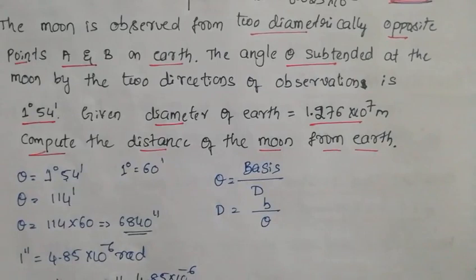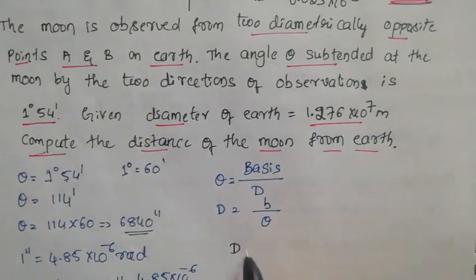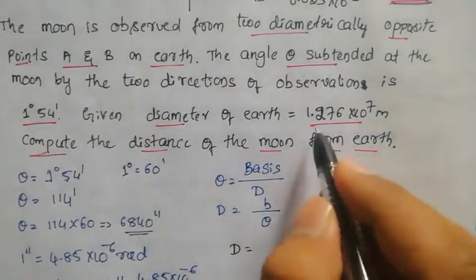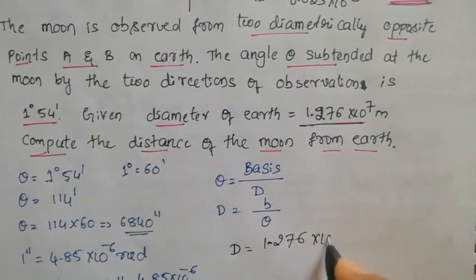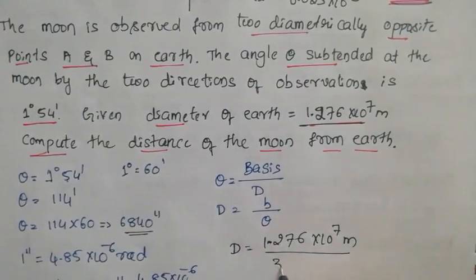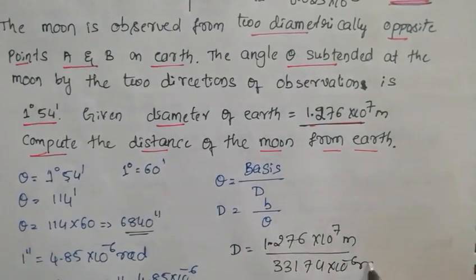Now we need to find D, the distance. B means basis, which is given as 1.276, the distance between 2 points of observation, into 10 power 7 meter, divided by theta, which we got as 33174 into 10 power minus 6 radian.